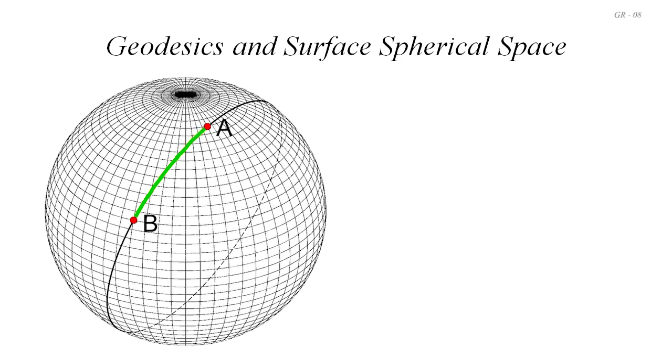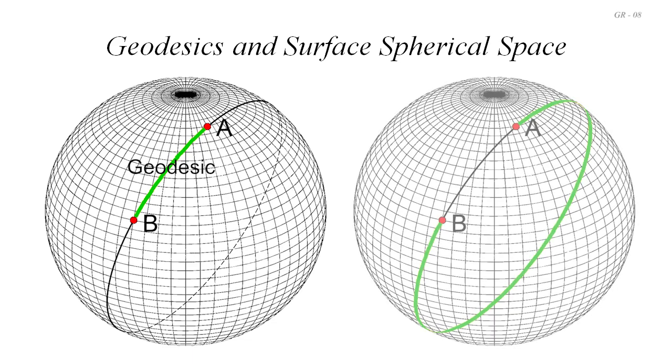So this green line, the geodesic, is clearly a curve, and it is the shortest path from A to B. However, it's also worth noting that this green line around the other way is also what we would have to call a geodesic.